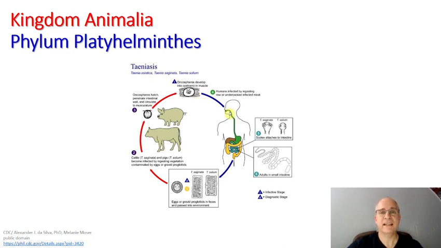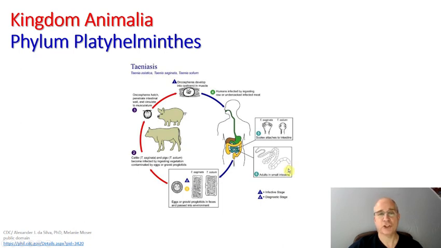But if we eat meat that is not completely cooked and it's got some of these immature forms of the worm in it, they start to grow, can live in our digestive tract, and can be really long, feet long. Each one of these little segments, or proglottids, is actually going to have both male and female reproductive structures.